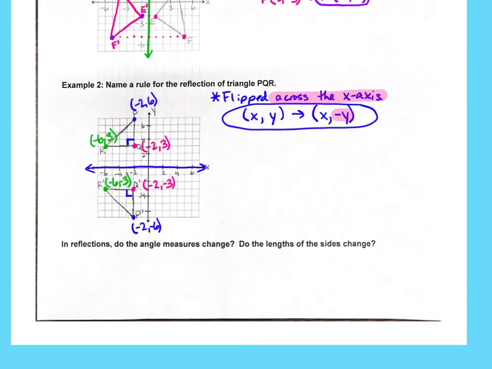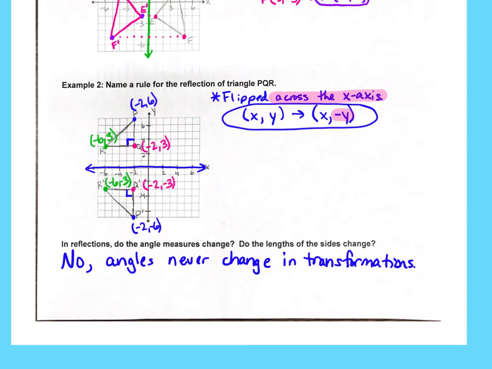And the same thing would follow for the other ordered pairs. P and P prime have the same angles as each other. R and R prime have the same angles as each other. So do the angle measures change? No. Angles never change in transformations. They are always the same.